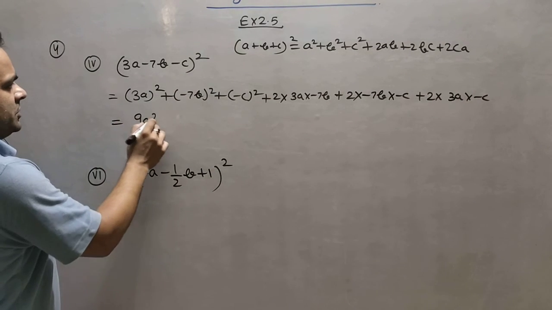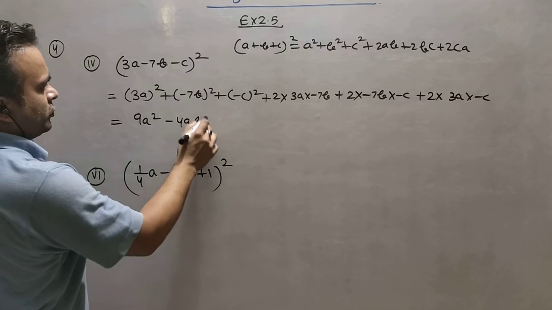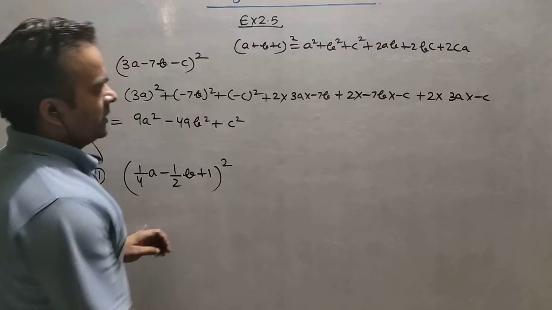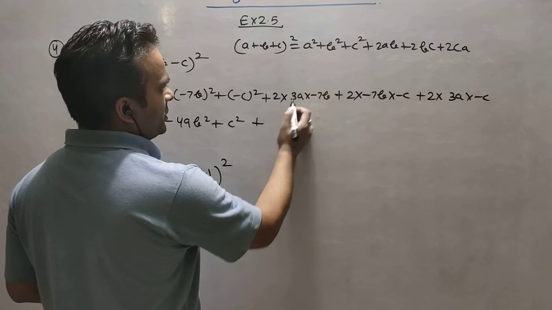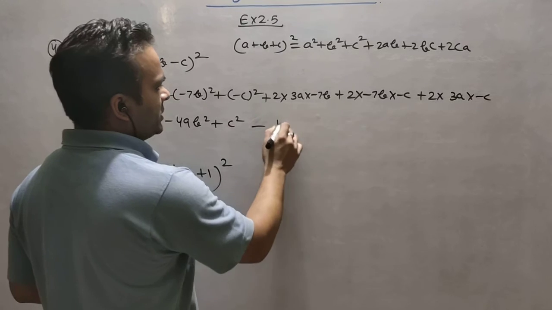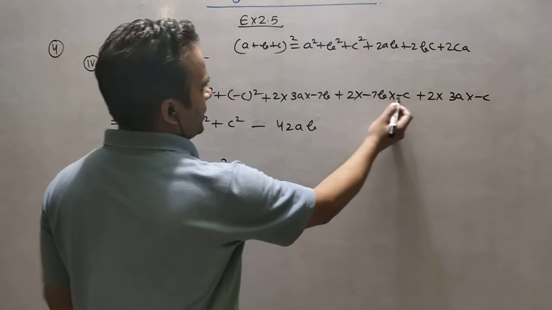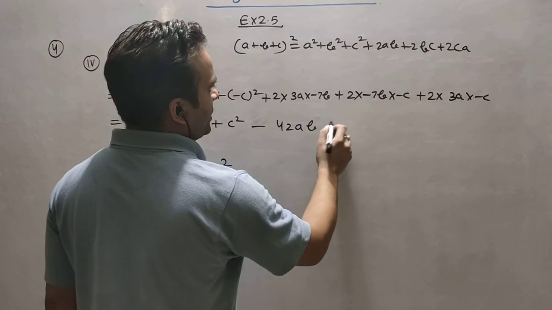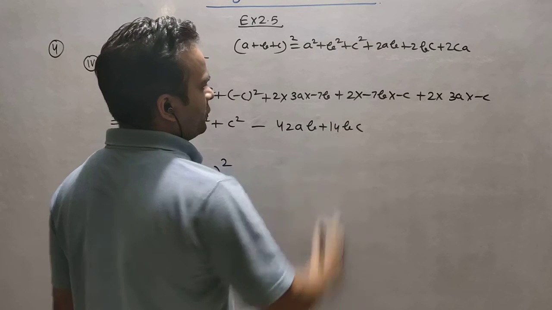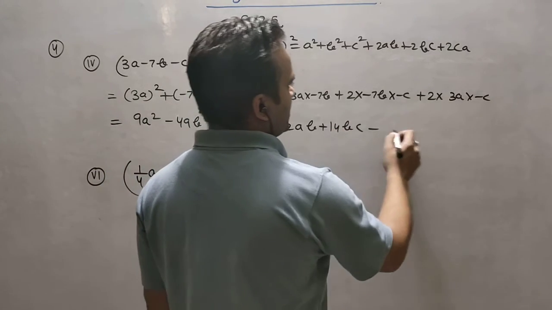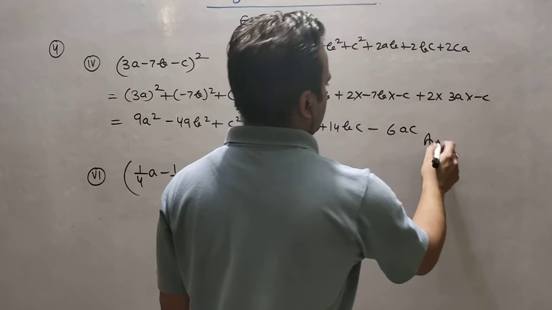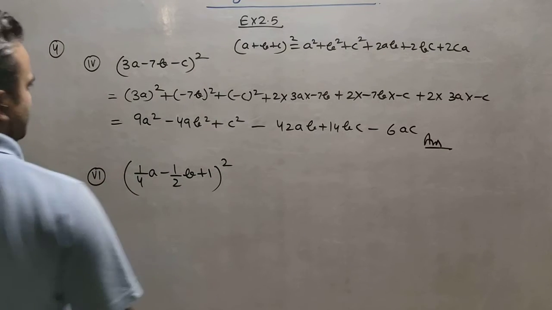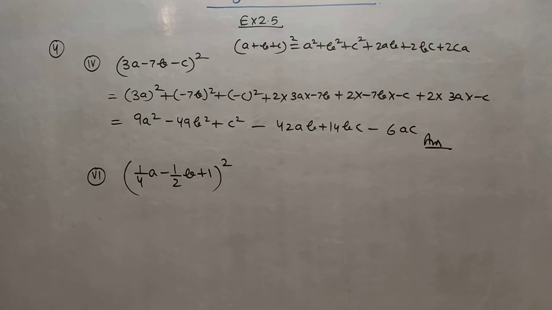Now it is 9a², it is 49b² plus c², and it will be 7 times 3 is 21, the answer will come in minus 42ab. It is minus into minus, plus, so it will be 14bc, and the answer will be in plus, minus 6ac. So this is the final answer, because there are no like terms which can be added or subtracted, or you can say more simplified.